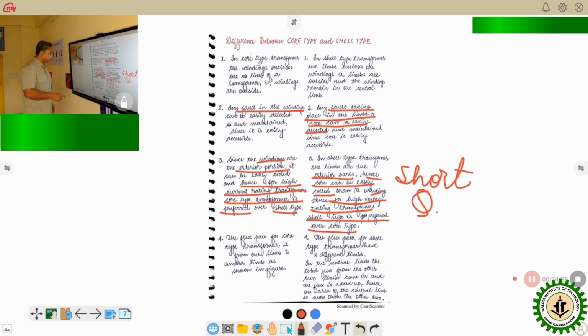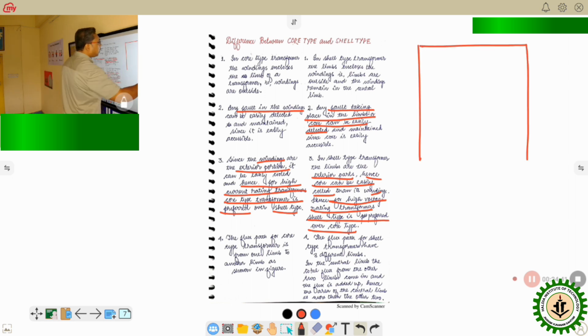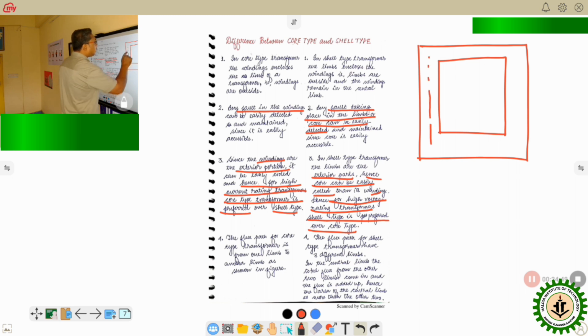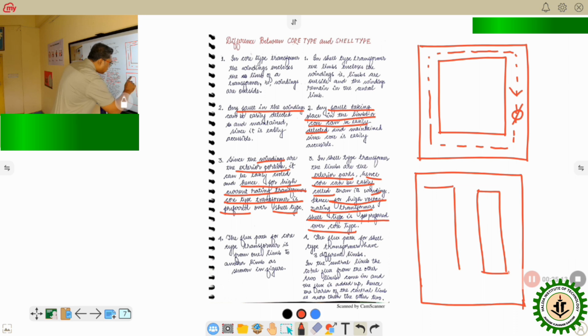The fourth point is the flux path. If we remember the schematic of the core type transformer, flux transfers from one limb to another limb. But in shell type, the windings remain here, one winding and another winding here.